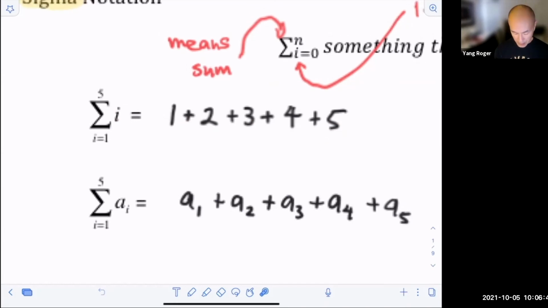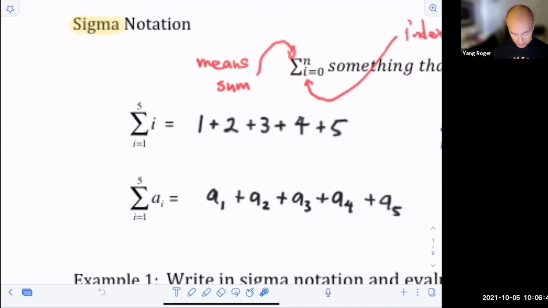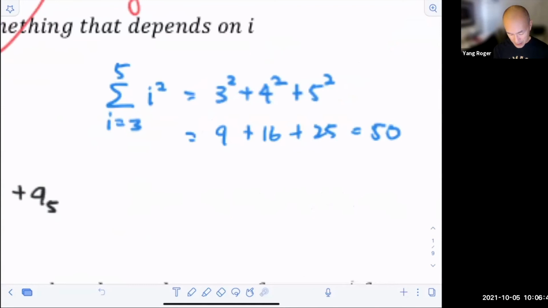Okay. Take a look at this one in blue. This time we're not starting at 1, we're starting at 3, and we're ending at 5. And this time, for each one of them, we're not going to plug in the number i. We're going to take the number i and square it. So when i is equal to 3, we square that. When i is equal to 4, we square that. And we finish at i equal to 5.